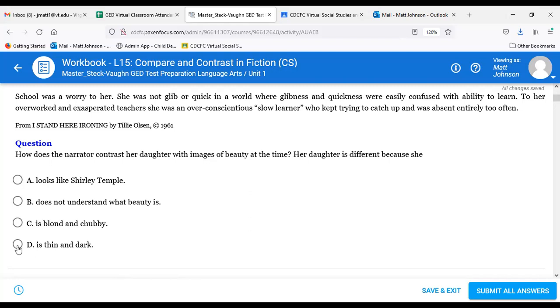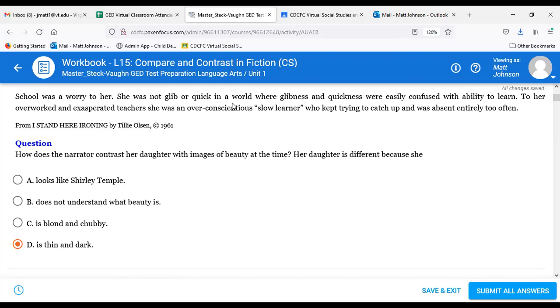D, thin and dark, which is one of those things where it's important to read where the excerpt comes from and at what time, right? In 1961, the image of what was attractive was different. You think of Marilyn Monroe. We went through a few decades where almost sickly thin was the trend.